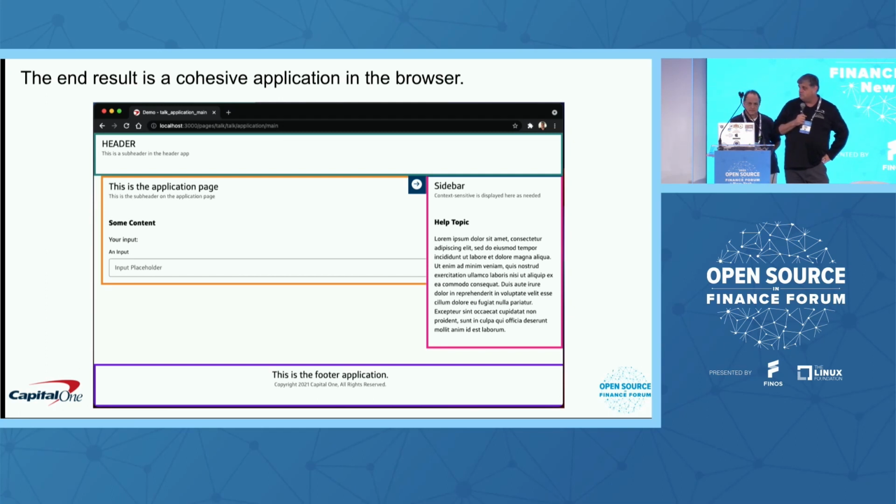So what this is showing here is essentially 5 different applications on the screen at the same time, all running independently. So you have the header application, you have a sidebar application, the application page, which is in the middle, and then a footer application, and then the shell is what brings it all together. So that gives you the 5.